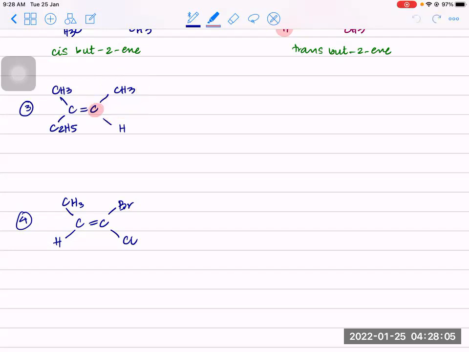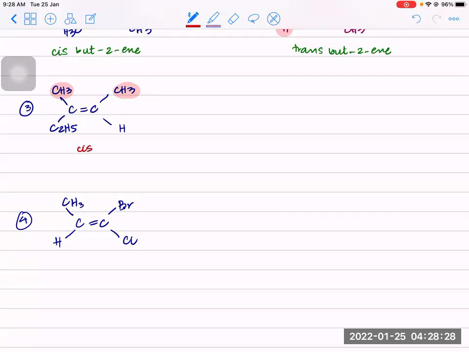H and CH3? Yes. So can this show cis-trans? Yeah. Now, which one will be the one that we've drawn? Will this be cis or trans? Cis. Because similar groups, which are the 2 CH3s, you see similar groups on the same side. So similar groups are on the same side. Therefore, this will be the cis isomer.